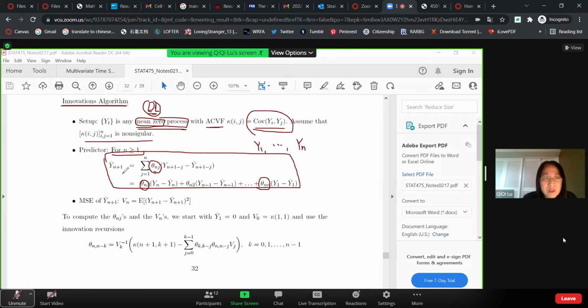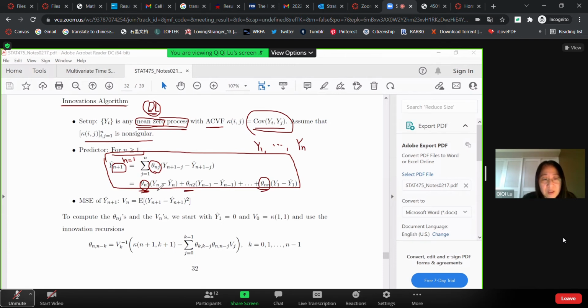So y n plus 1 hat is the one step ahead prediction, h equals 1. This is for a linear predictor, so we have a coefficient for each data point.